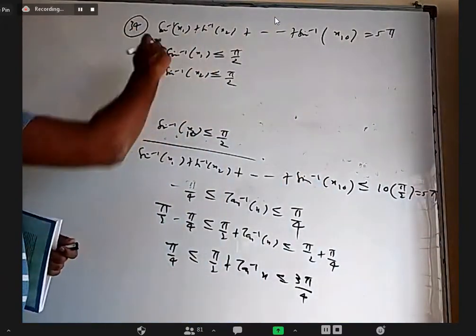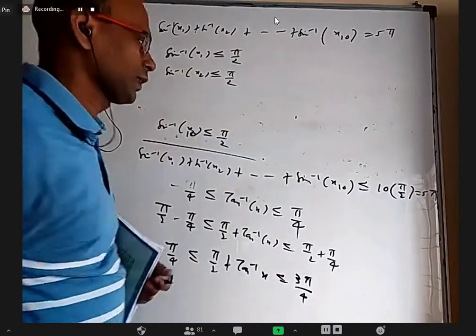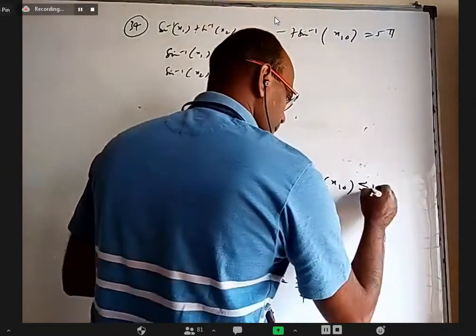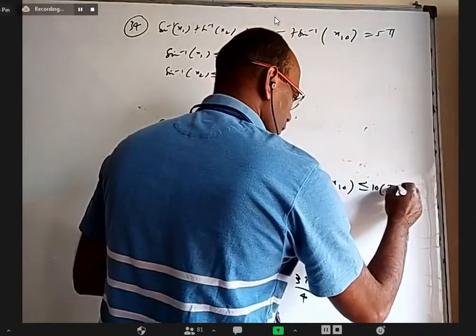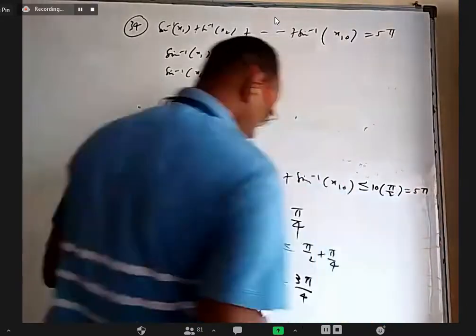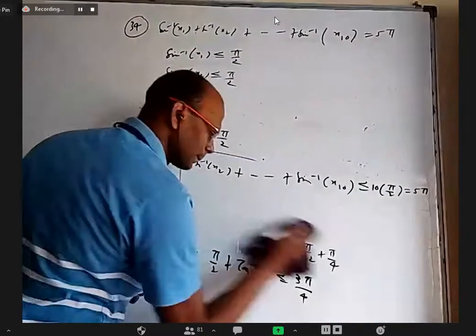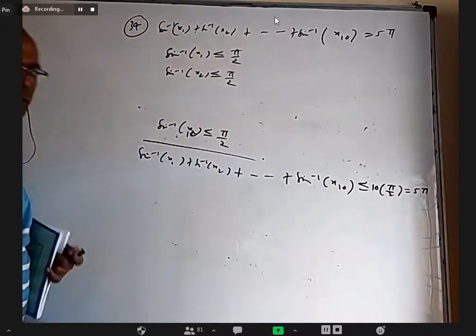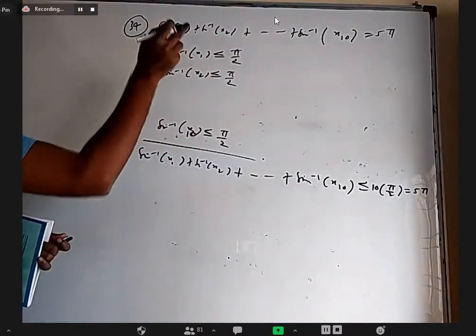That means this LHS value is always less than or equal to 5 pi. But equal to 5 pi is possible only when all are at their maximum.